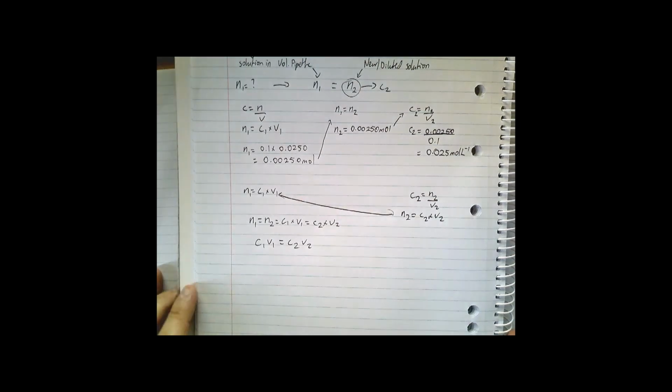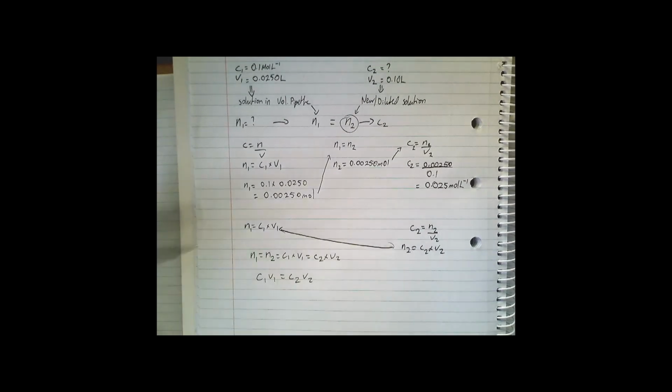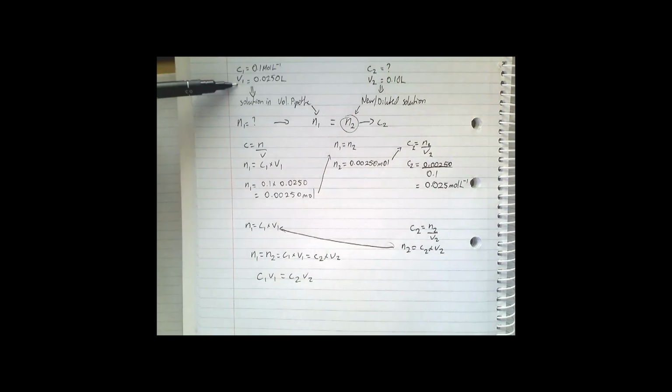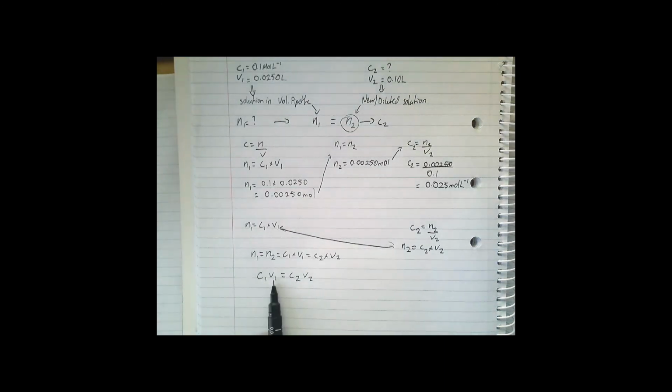And if I look at some of the data that I have up the top, and I'll just move this down so we can actually see, we know C1 and V1. We know V2. So we have C1 and V1 as known quantities. V2 is another known quantity. The only thing that's missing is C2, and we can rearrange this equation to be able to calculate for C2.